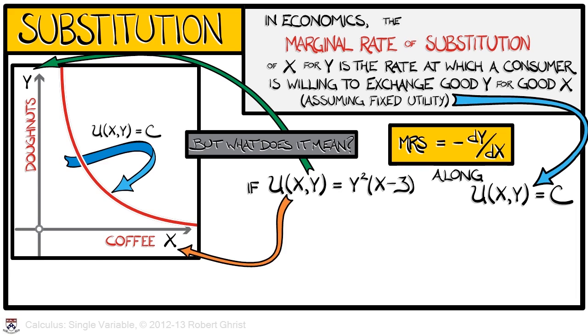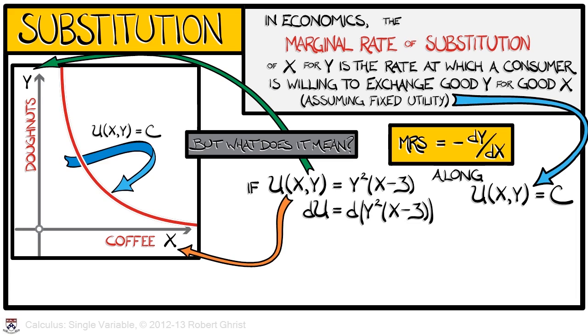Let's say that x is the amount of coffee I have, y the amount of donuts that I have, and my utility function, u, is y squared times quantity x minus 3. In this case, differentiating that equation gives me du equals d of quantity y squared times x minus 3.